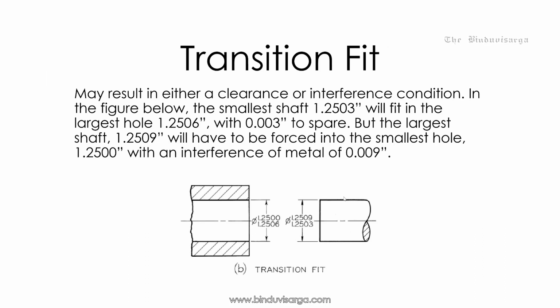Transition fit may result in either a clearance or interference condition. In the figure below, the smallest shaft, that is 1.2503, will fit in the largest hole, that is 1.2506, with 0.003 to spare.